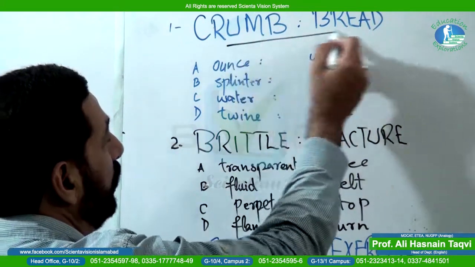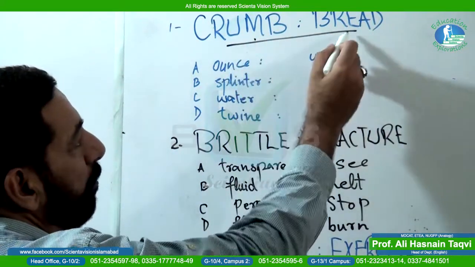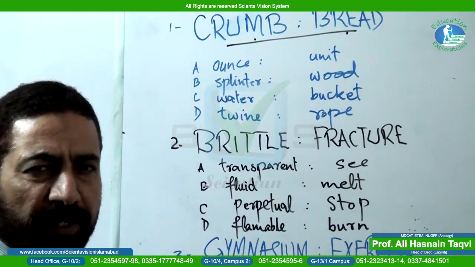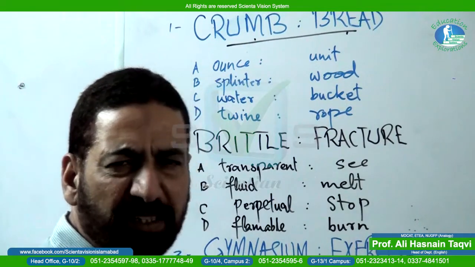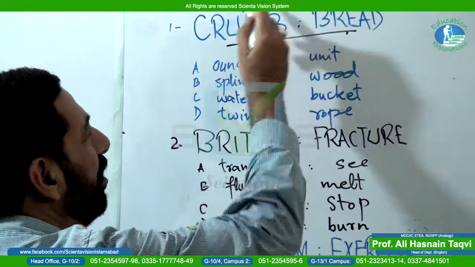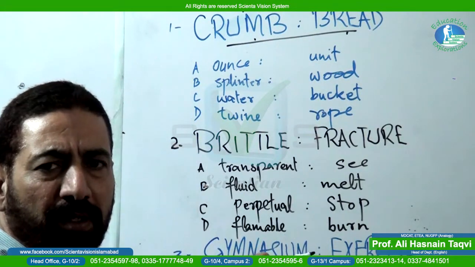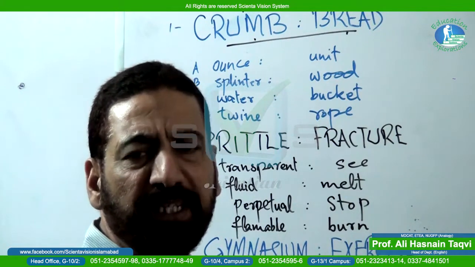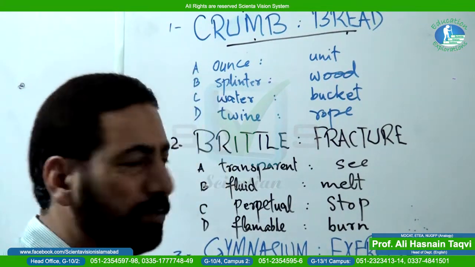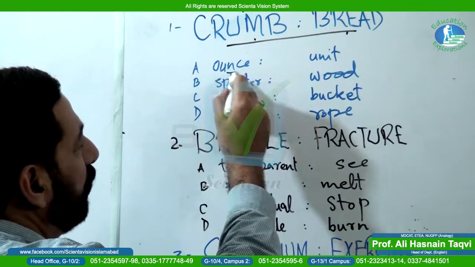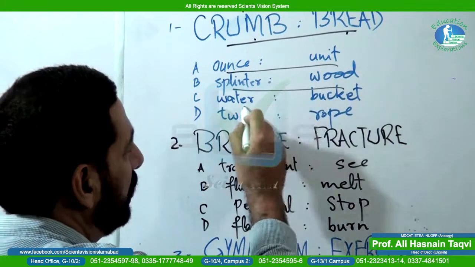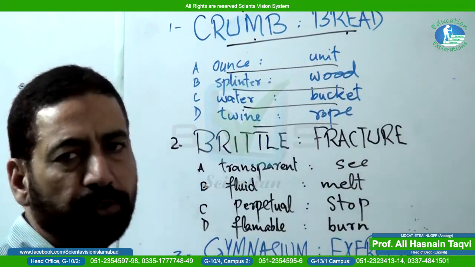See this combination, crumb, bread. The very words are easy to understand, and a crumb is obviously a piece of bread. So you understand it as part to whole or maybe a piece of some larger chunk. What combination from the available options has the same relationship is your job to find now.